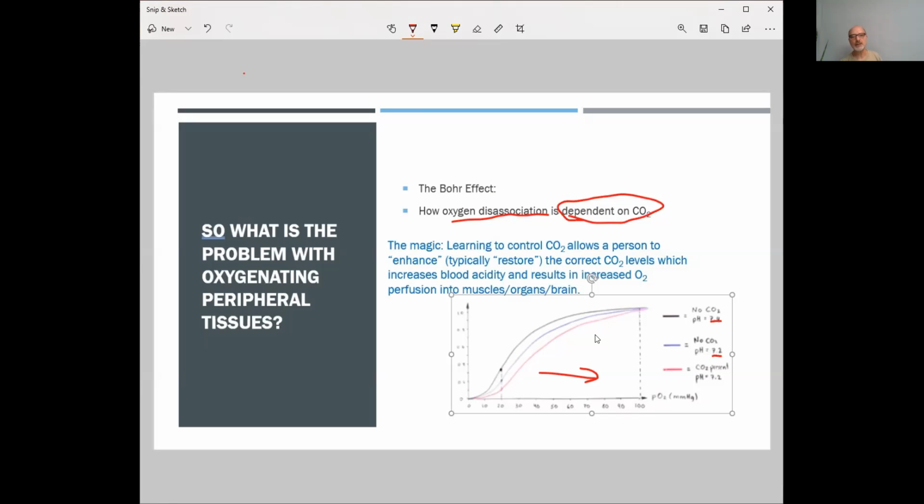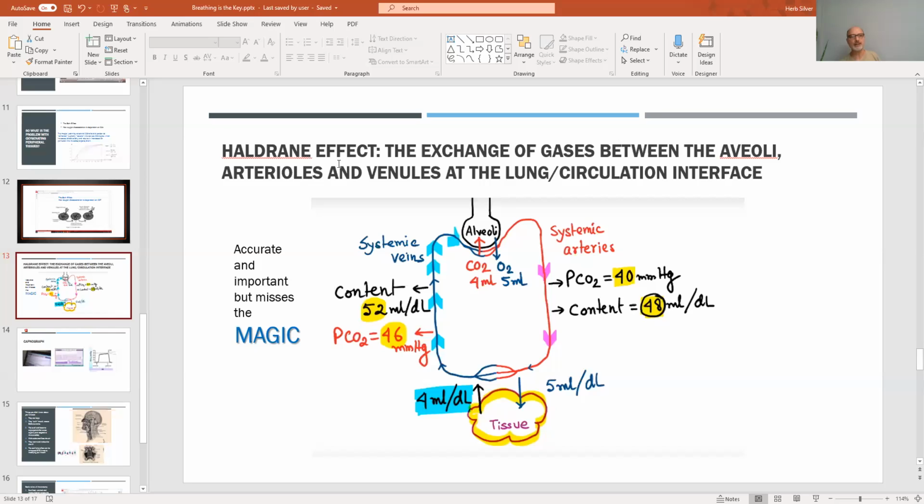Here we have blood with no CO2 and how well oxygen dissociates, and by adding CO2, further acidifying the blood, this oxygen dissociation shifts to the right and oxygen more easily dissociates. The ideal numbers that we come up with are described by the Haldane effect.